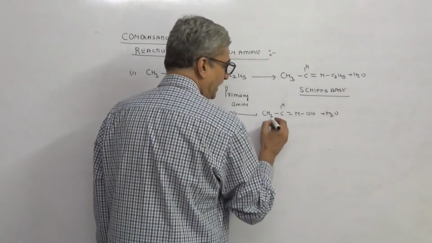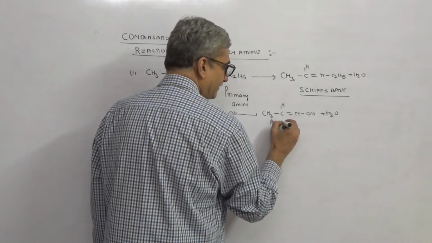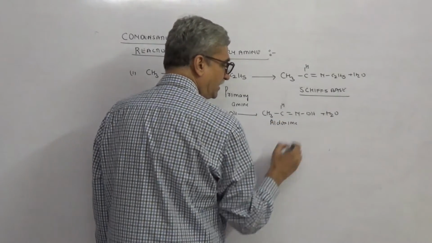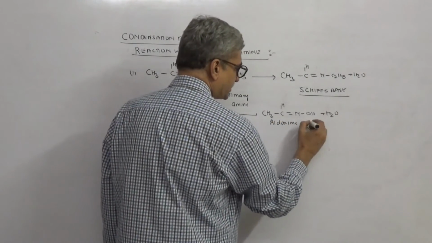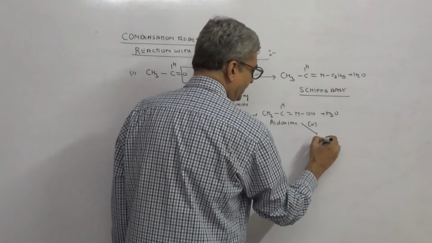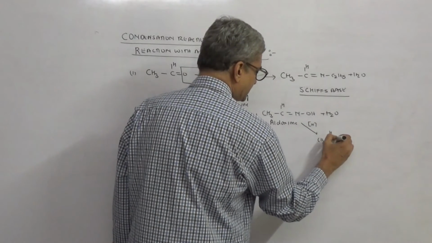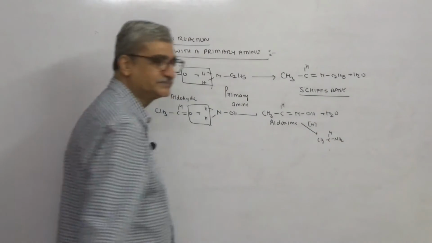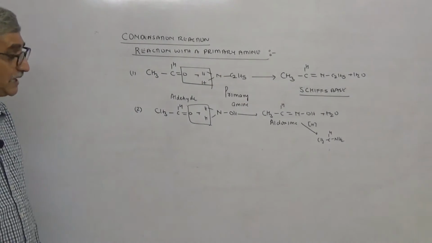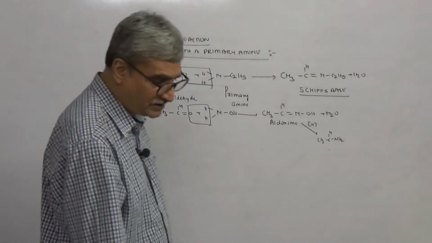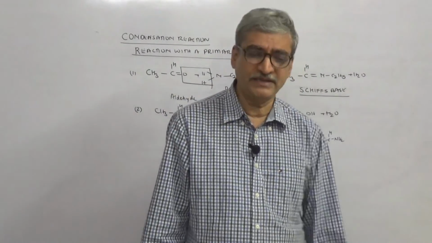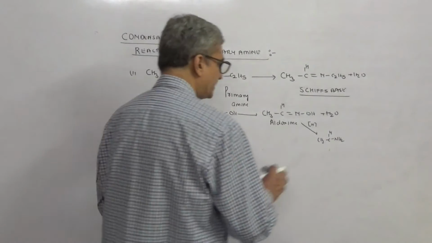So this is an aldoxime. And you studied in amines that this on reduction gave you a primary amine, CH3CH2NH2. So this was aldoxime, and ketoxime was a precursor, a raw material for preparing amines by reduction.